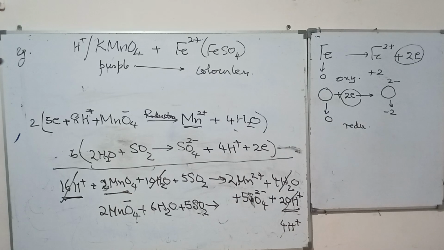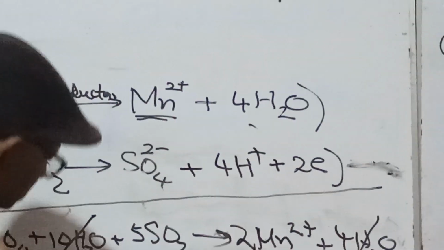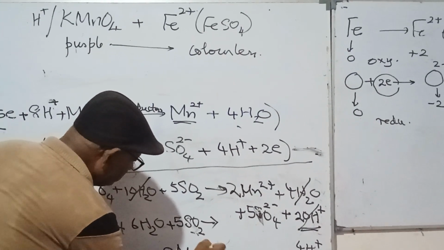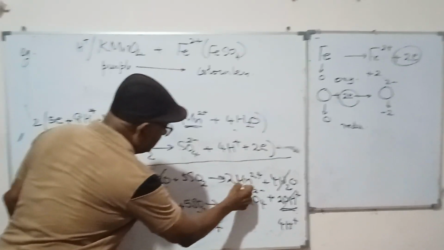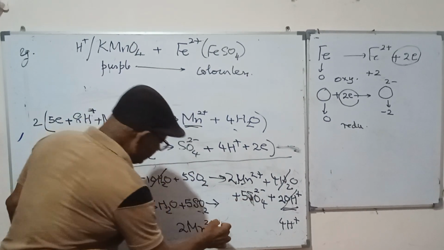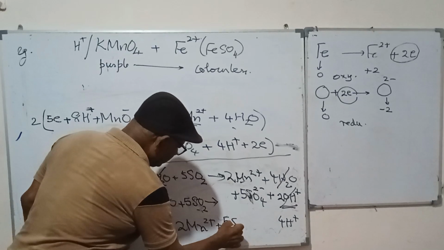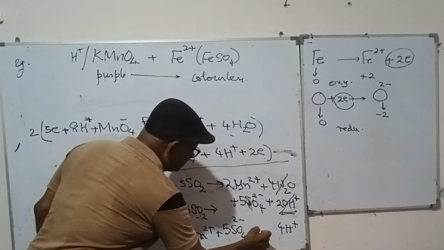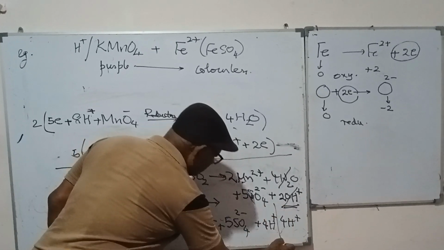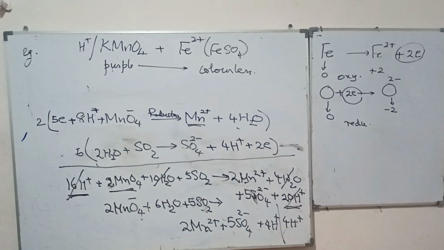So what are the products? 2Mn2 plus, water cancelling, 5SO4 2 minus, plus 4H plus. This is the balanced ionic equation.